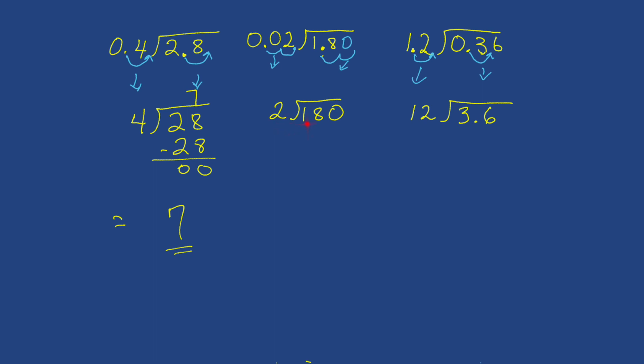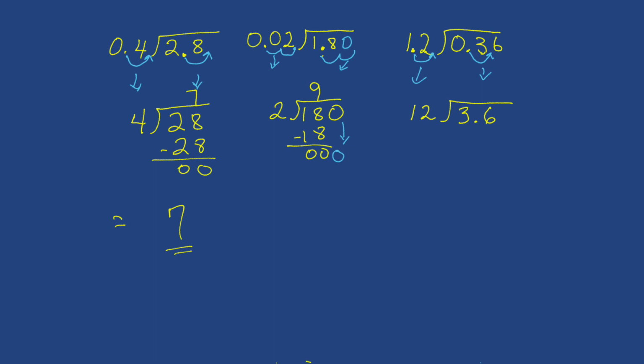Now let's do this next one. 2 divided into 1, or 1 divided by 2 doesn't go, but 18 divided by 2, yes, it goes 9 times. And 9 times 2 is 18. Subtract 18 is 0. Bring down this 0, it goes here, and this 0 divided by 2 goes, yes, 0.